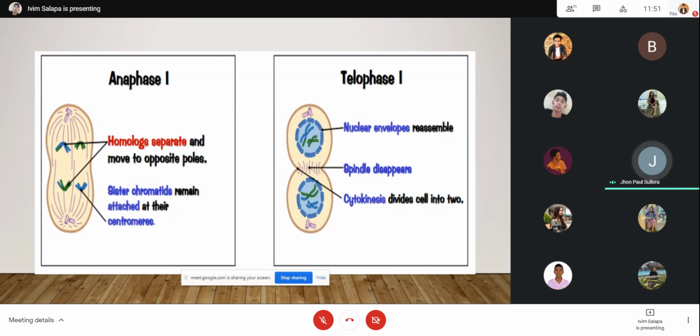In telophase 1, each cell will have one set, or a single centromere each, ma'am. So in telophase 1 of meiosis, is it no longer a single centromere each? Okay, let us check the definition of centromere.